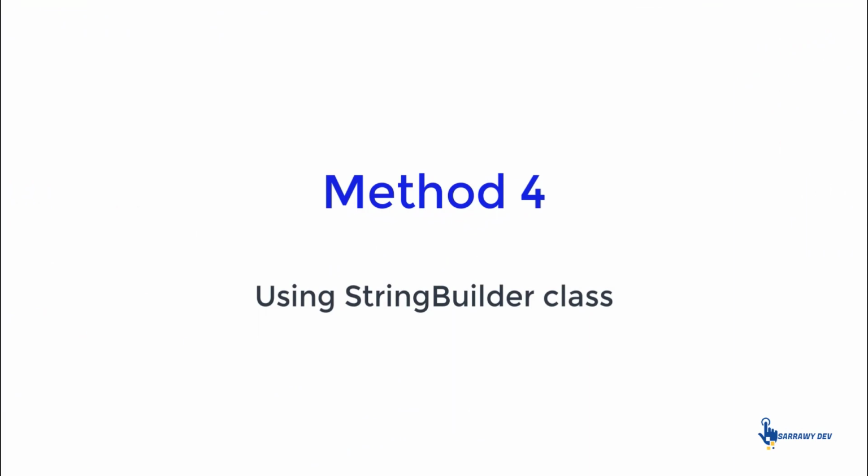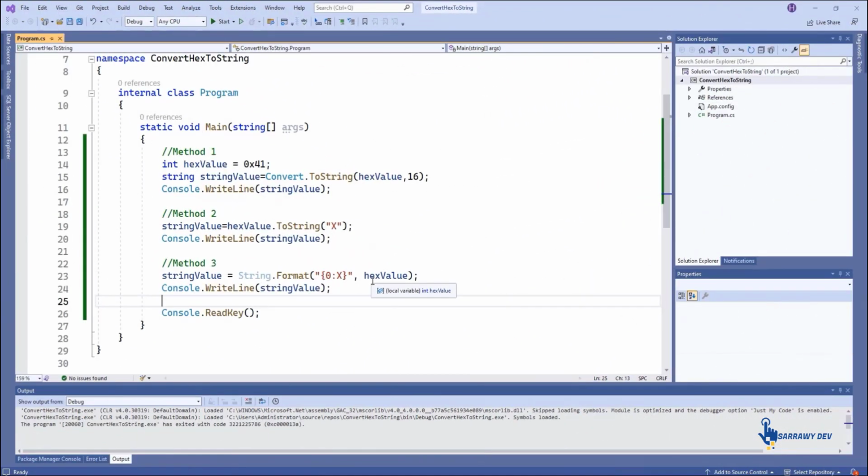Method 4. Using StringBuilder class. If you need to convert multiple hexadecimal values to strings, using the StringBuilder class can be more efficient.